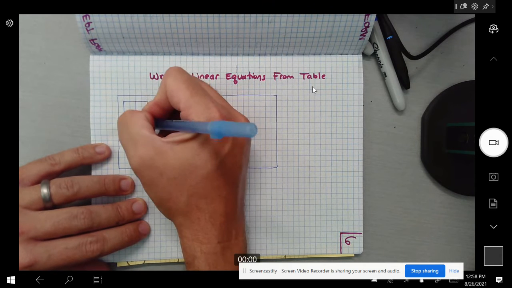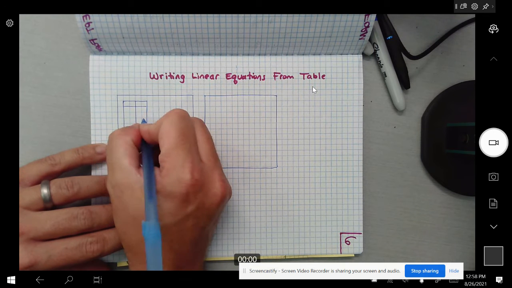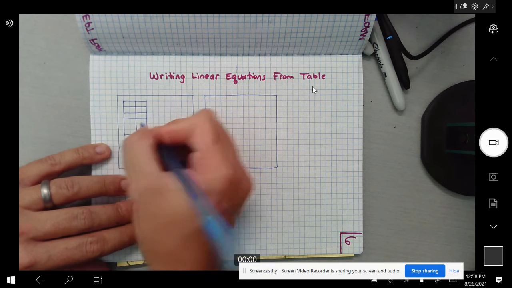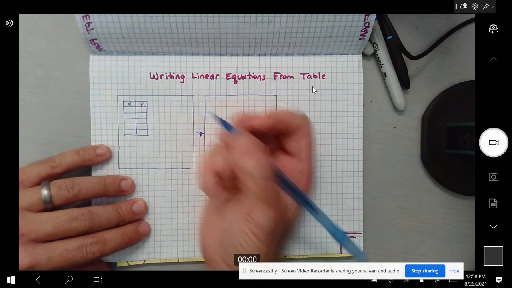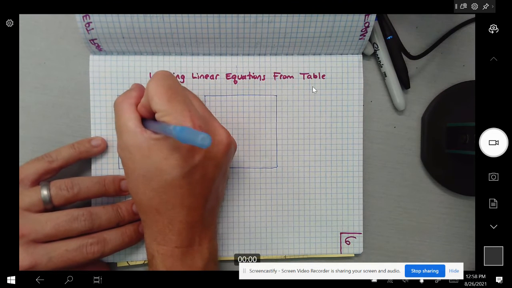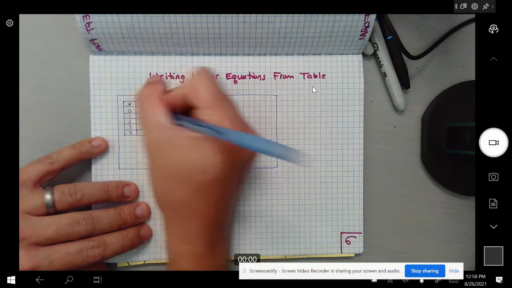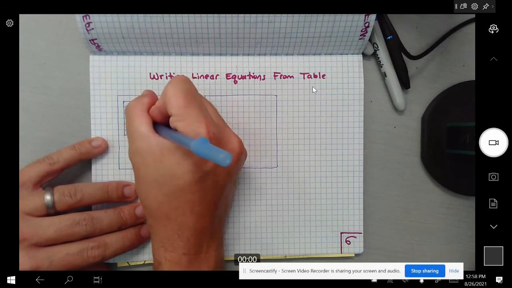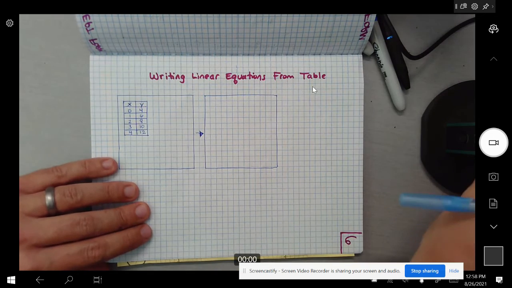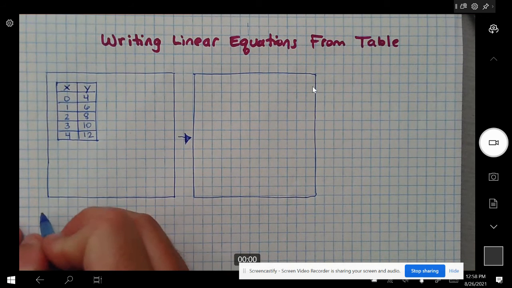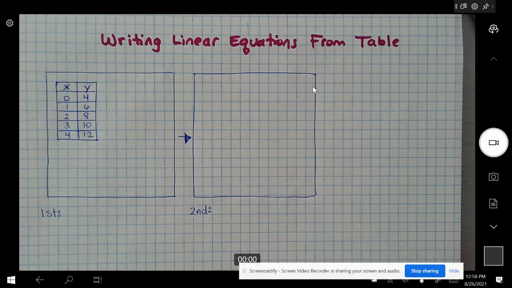All right, go ahead and all right, and I'll zoom in a little bit. First step, second step, okay?